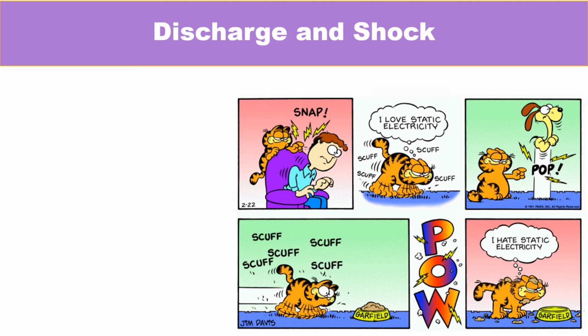I want you to look at this, well, I forgot this fat cat's name. Garfield, there you go. Garfield cartoon over here. So first, he gave a little snap to his owner. I forgot the name. But the reason that he was able to do this is because of this action, static electricity, which again is happening between his paw and the carpet.